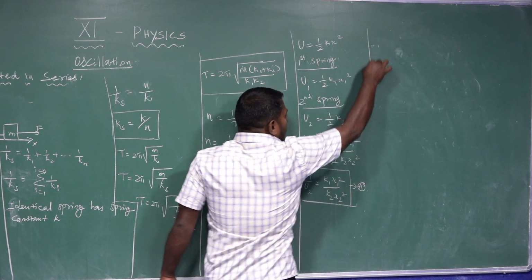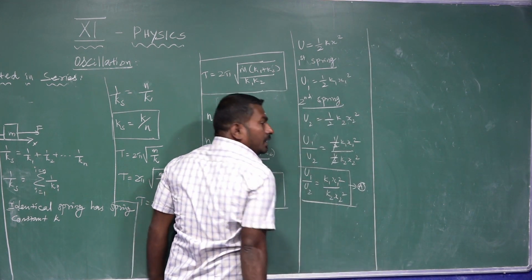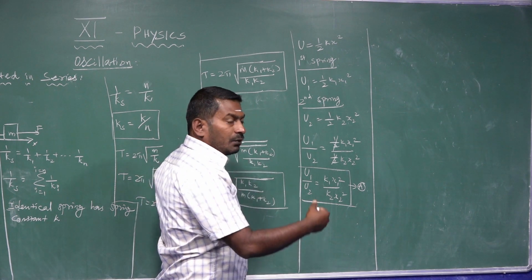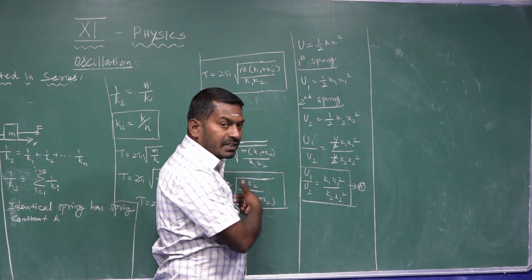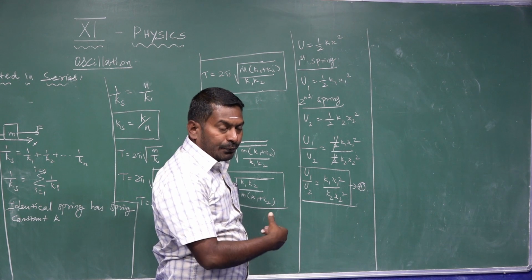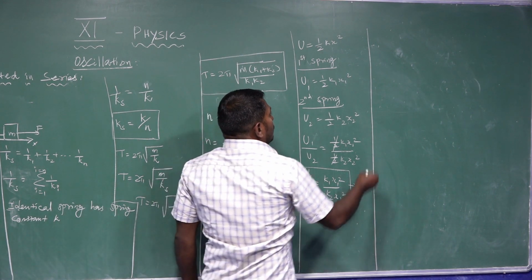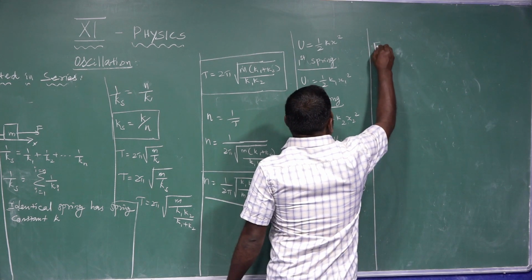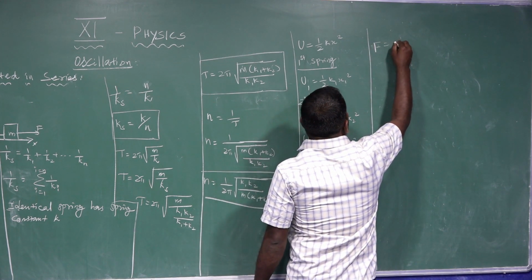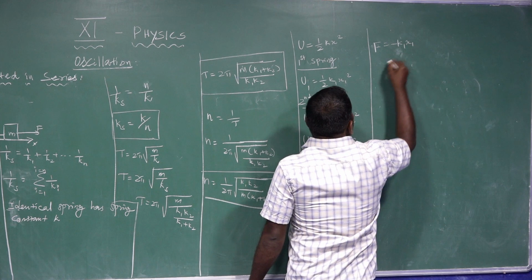Already we know that if both the springs are connected in series, the restoring force developed in both springs F is equal to the applied external force. So the restoring force developed in the first spring is F equal to minus k1 x1.